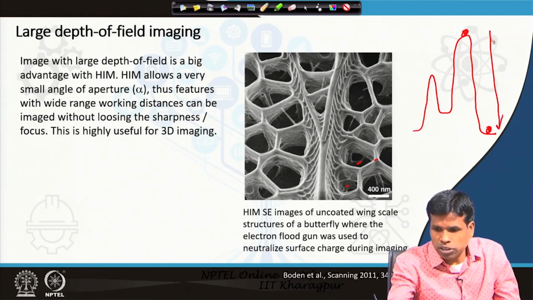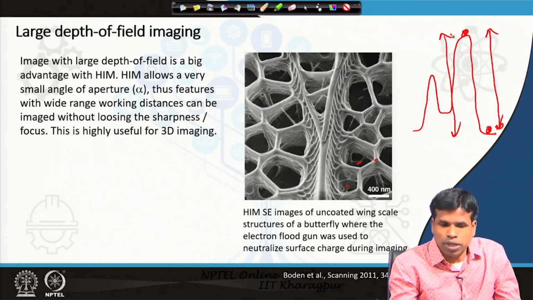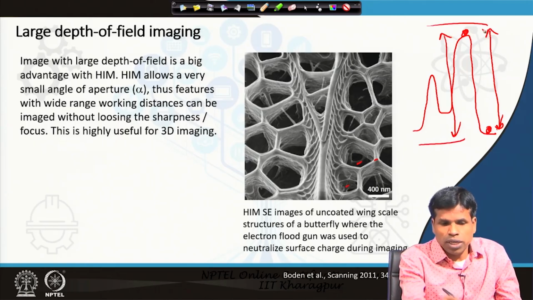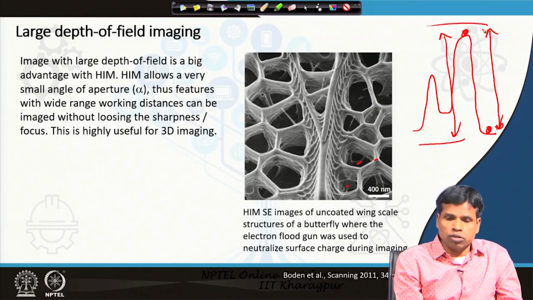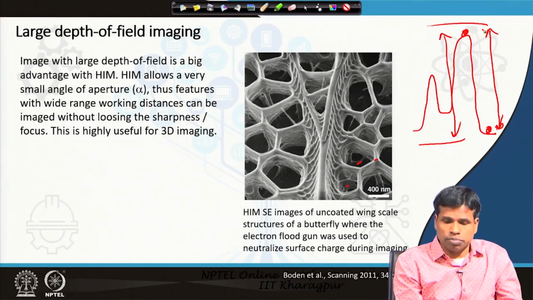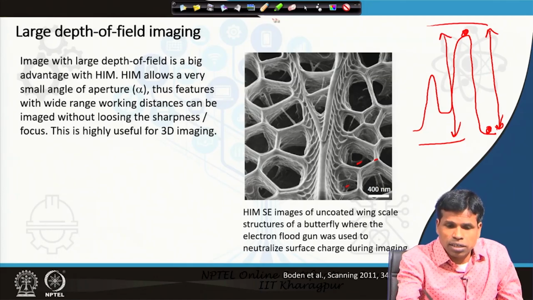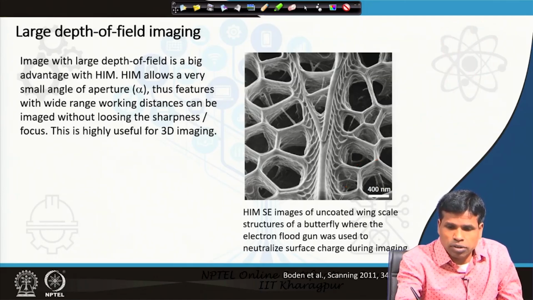If both are well focused, this range is called depth of field. This is much larger in case of helium ion microscope as compared to the scanning electron microscope, and certainly much higher than optical microscope. So, this is another advantage of helium ion microscope, where we can collect images with a large depth of field.